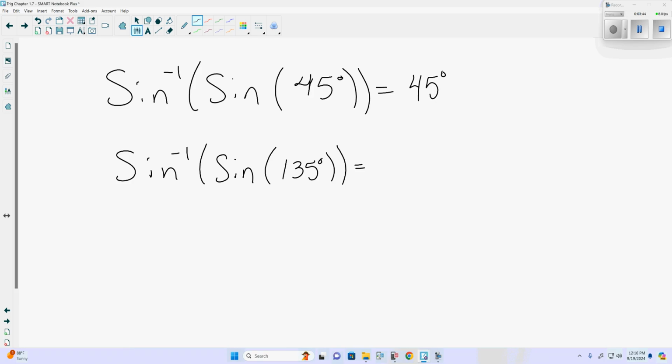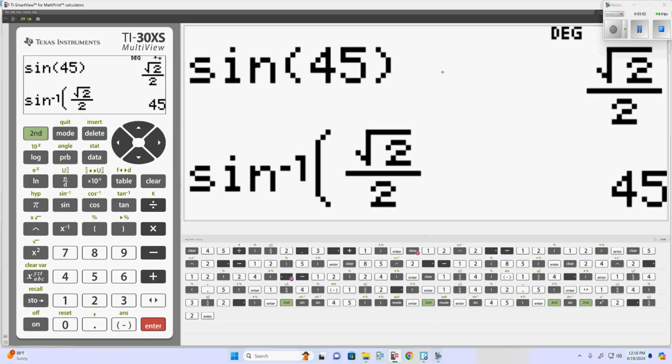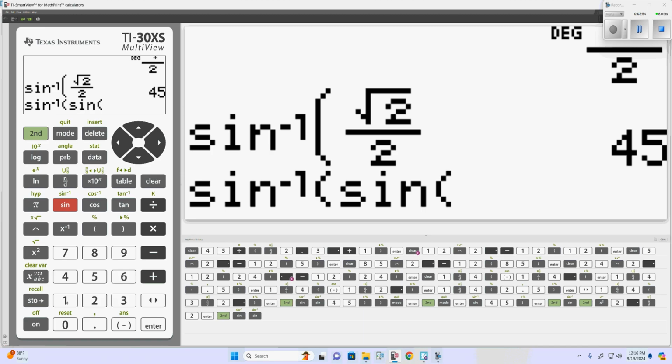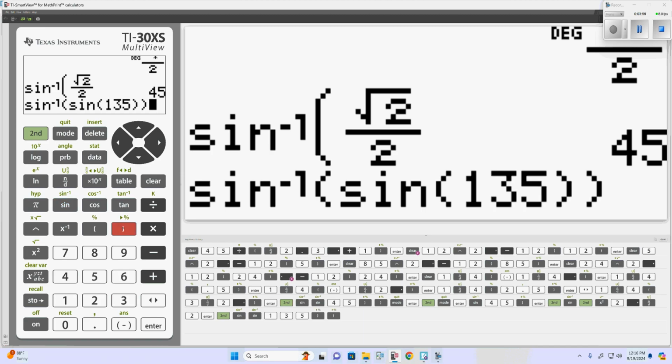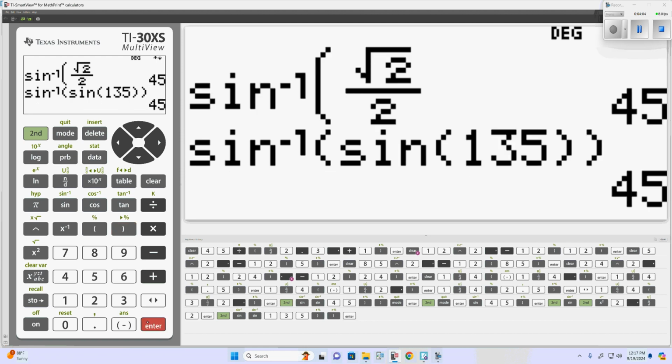So what would we say about sine inverse of sine of 135? What would we get? So what's your guess on this one here? It's not 135, it's 45.